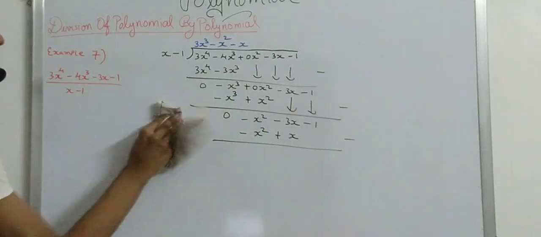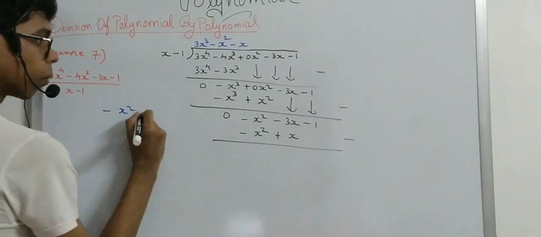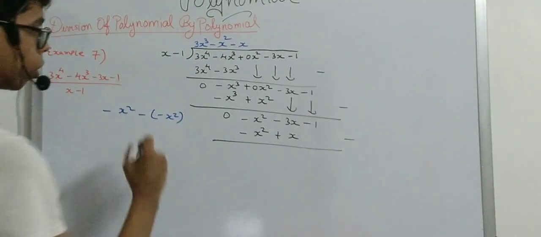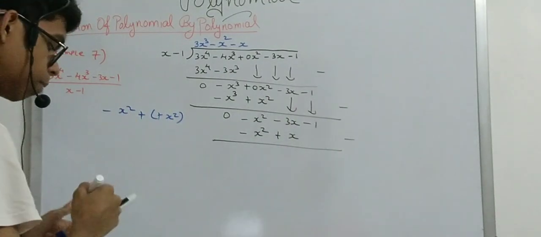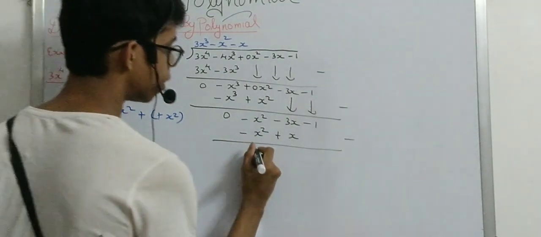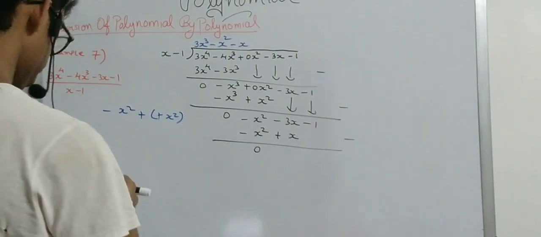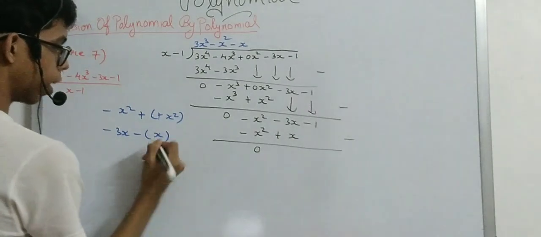So when you do the subtraction, just see, here we are having minus x square minus of minus x square. So this will become plus, this also will become plus, so this will become 0. Now minus 3x minus x we are having.